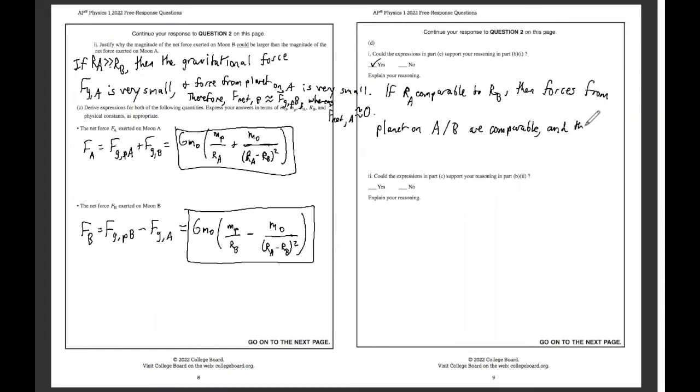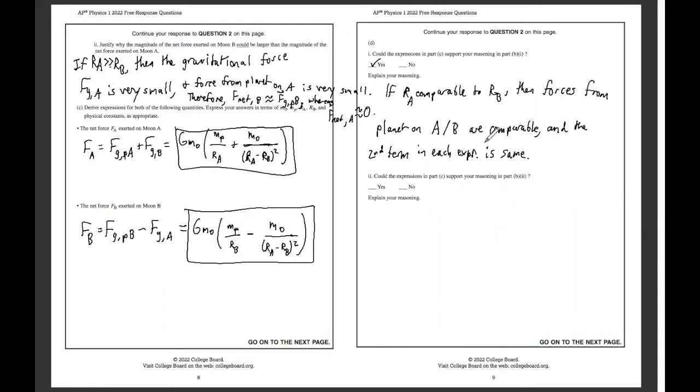And the second term in each expression is the same. Now that should be pretty clear from my expression, right? The second term is always going to be the same. The difference is just one is positive, one is negative. The reason why they're the same, obviously, is Newton's third law.